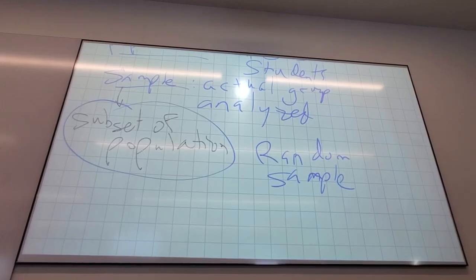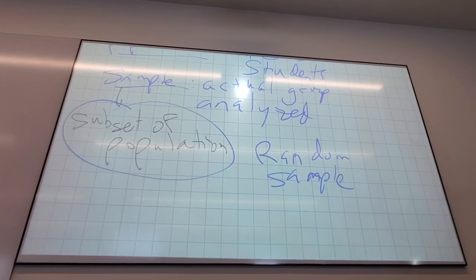So if I was just using this class, does every student have a chance to get into the sample? No, because not everybody majors in elementary education. Not everybody is here at this time. Not everybody takes on-ground courses. So I want to try to select a sample in a way that every element of the population has a chance. Okay, so far so good.